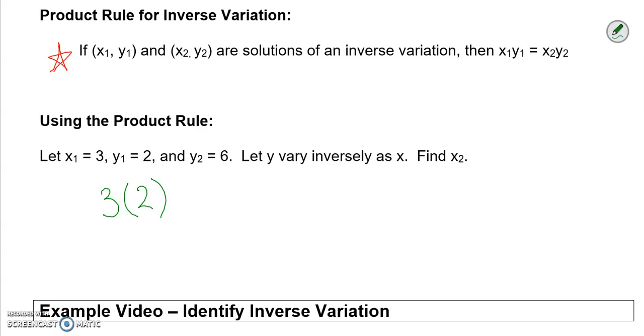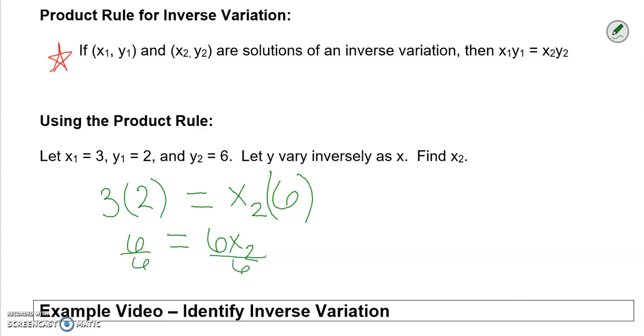We have 3 times 2 on one side for our x1 and y1, and for our x2 and y2, we don't know x2 yet, and we have our 6 for y2. We know that 3 times 2 is 6. Over here, we're left with 6 times x2. To find x2, we divide both sides by 6, and we are left with x2 equals 1. That is how we found that.